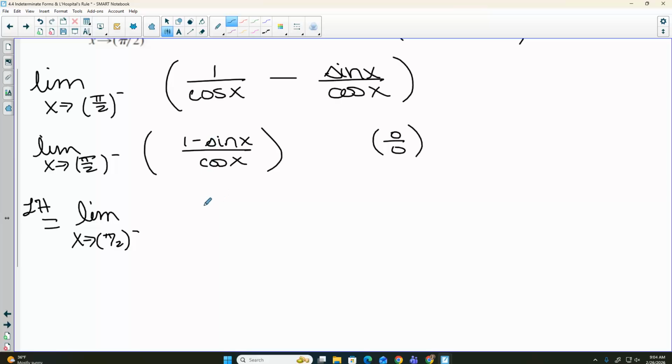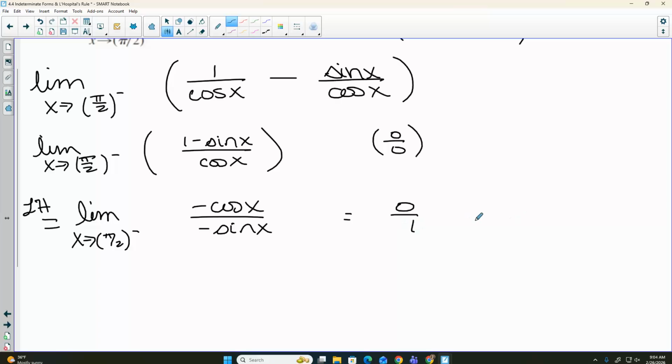So the derivative of 1 minus sine is 0 minus cosine, over the derivative of cosine, which is negative sine. If I'm trying to evaluate, the cosine of 90 is 0, but the sine of 90 is 1.